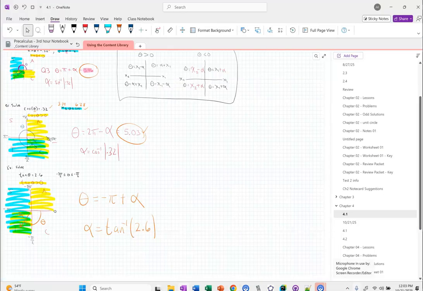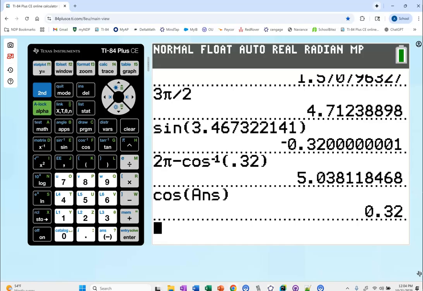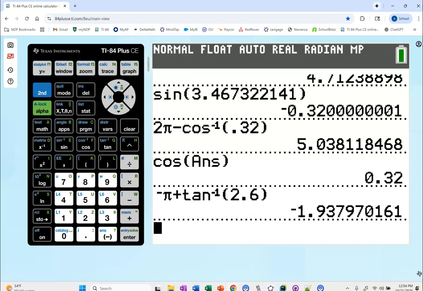Okay, so we have negative pi plus tan inverse 2.6. So I have negative 1.93.